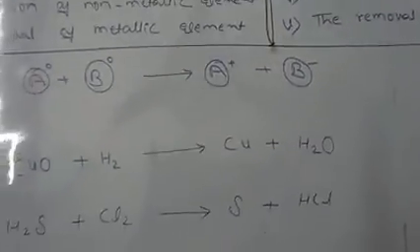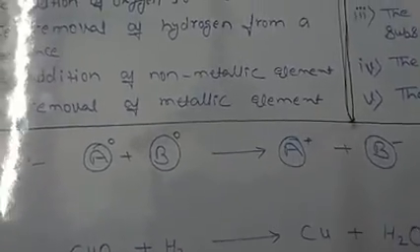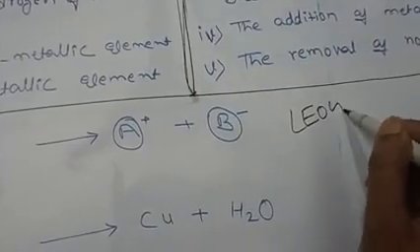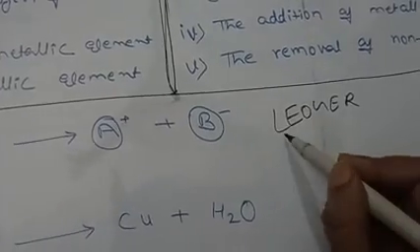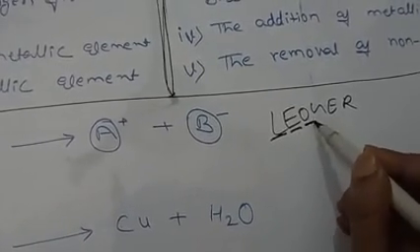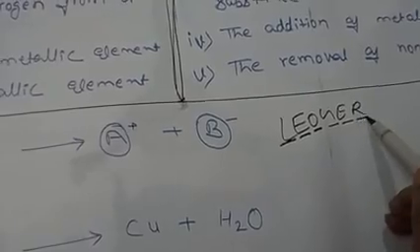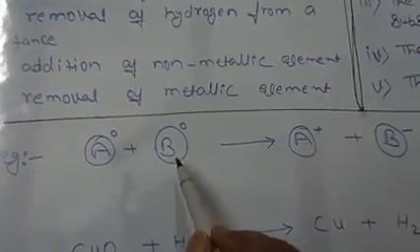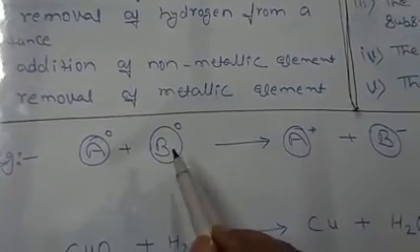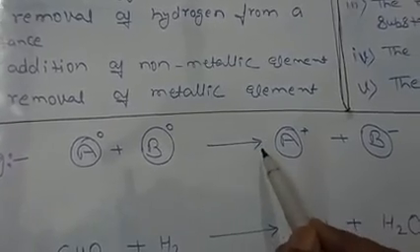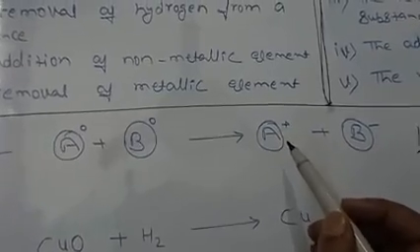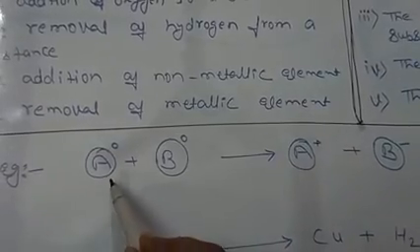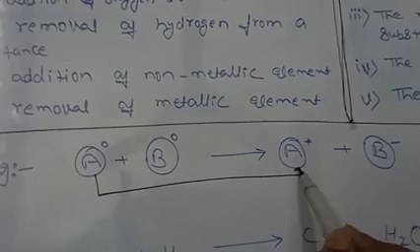First, just learn this oxidation and reduction with this formula, LEO GER. Loss of electron is called oxidation and gain of electron is called reduction. Here A and B are two compounds in zero state, meaning stable. When it is breaking, here it is A plus ion and B minus ion. You can see that A changes from 0 to plus 1 state.